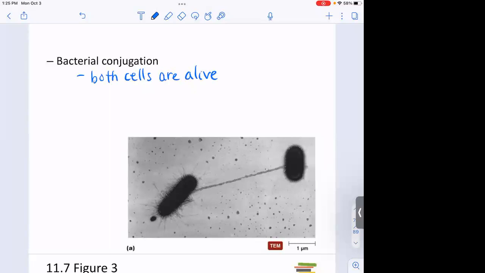Here both cells are alive, and it involves a cell that is F+, meaning that it has the fertility plasmid, transferring it to a cell that does not have the fertility plasmid. Okay, so I'll write that here.